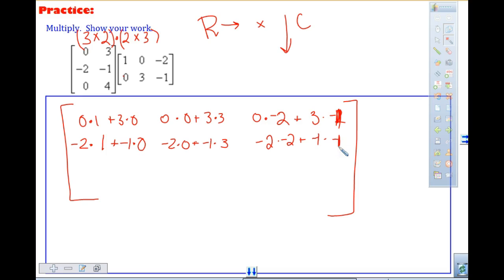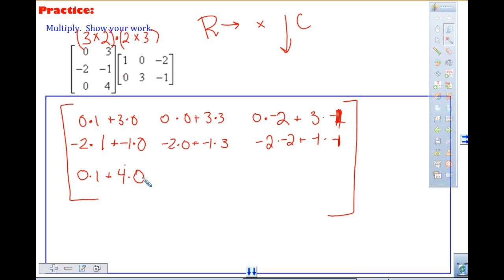Yes. Okay. Dylan, ready to start us off? That last one, we're going with the 0 4s, right? 0 times 1. Yep. 3 times, careful, 0. Go down, going across here, so we're going to take 4 times 0. Okay?